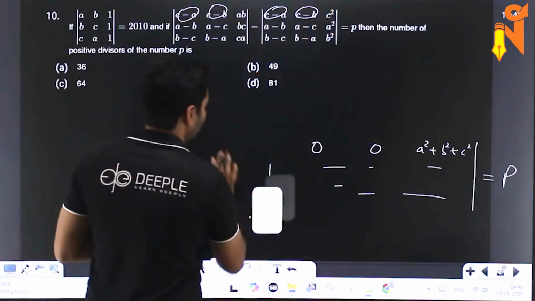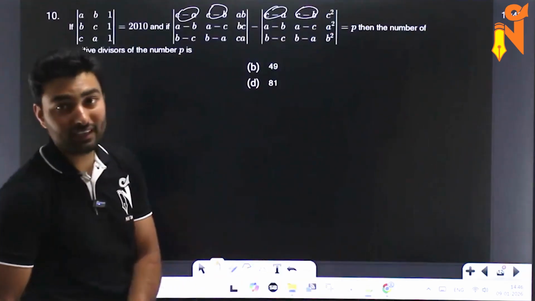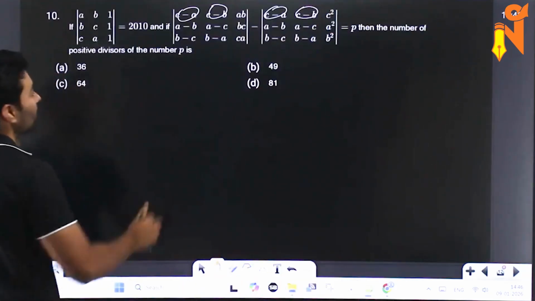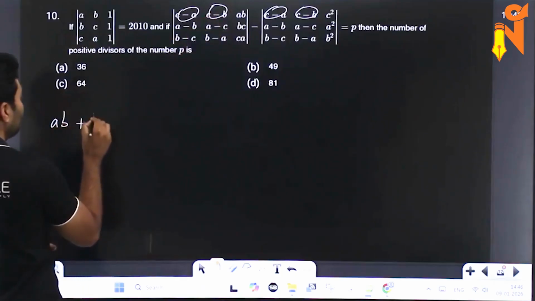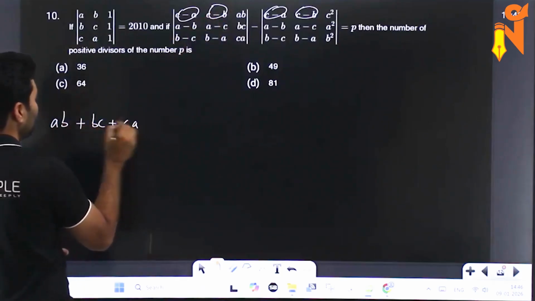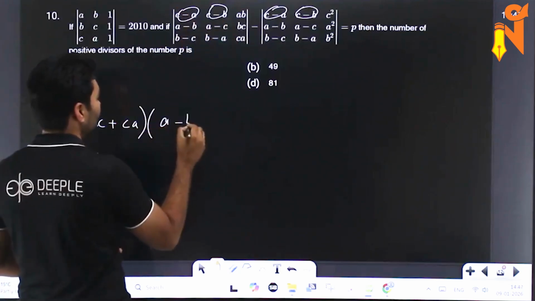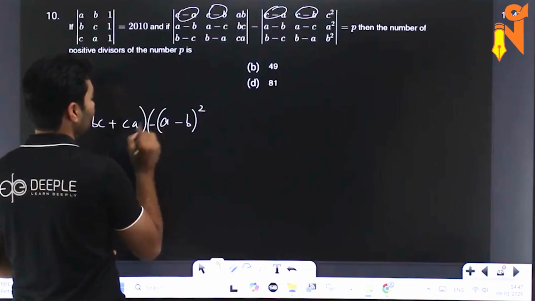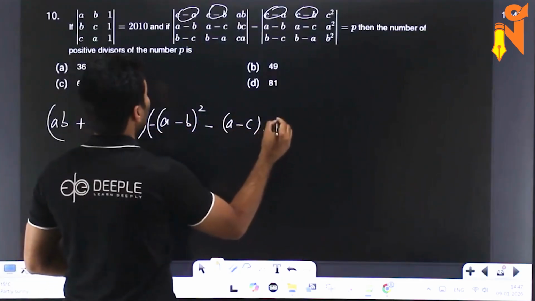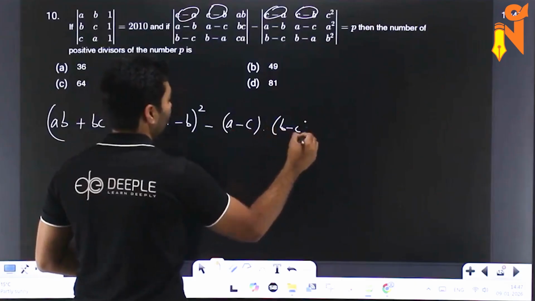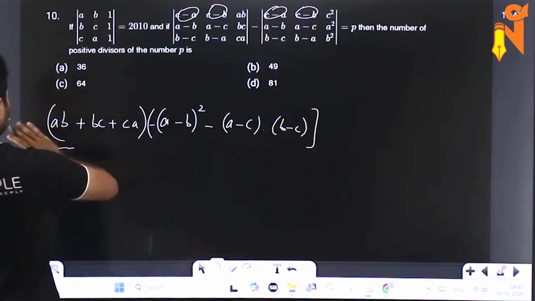After opening, you can open easily because there are 2 zeros in one row. Nice. Congratulations. So I will pick the first row to open: AB plus BC plus CA into this, minus this. So A minus B whole square with a minus sign because this is B minus A, minus of A minus C into B minus C. This is actually the first expression.